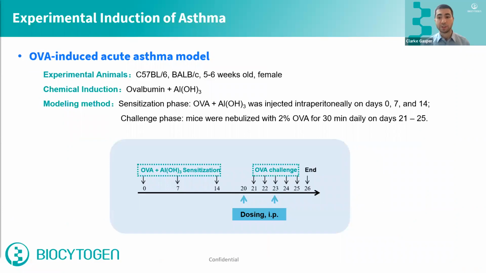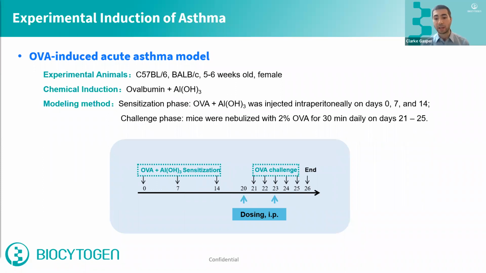At Biocytogen, we model asthma in mice using ovalbumin, which is a protein found in egg whites. This acute asthma model has been validated in different strains of mice to test for the efficacy of novel asthma therapeutics. In this model, mice are first sensitized by IP injection of ovalbumin and the adjuvant aluminum hydroxide.